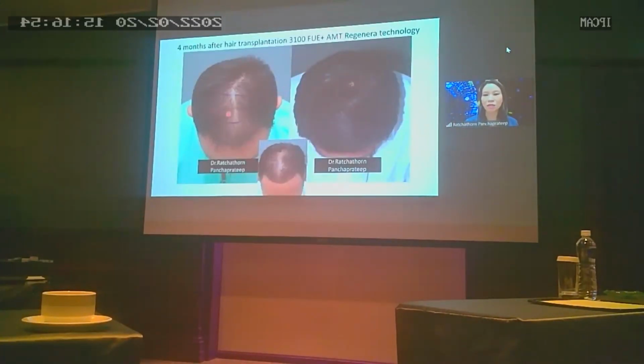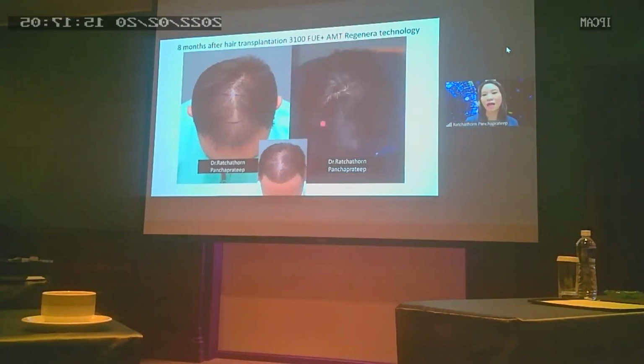This is another patient. At 4 months, you can see a very big change in this scar after FUT hair transplantation with the regenerative, and at 8 months it's increasing. So I think it's faster than normal hair transplantation when you combine FUT with the regenerative.